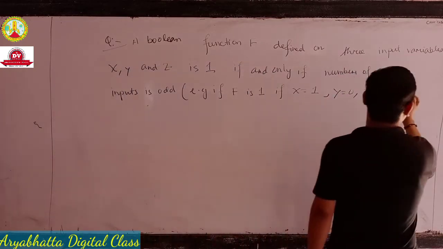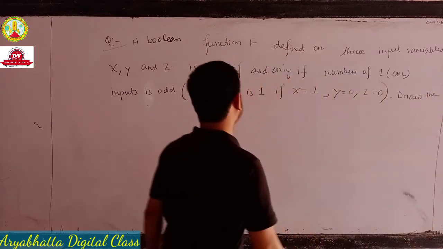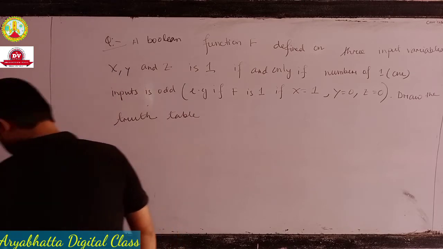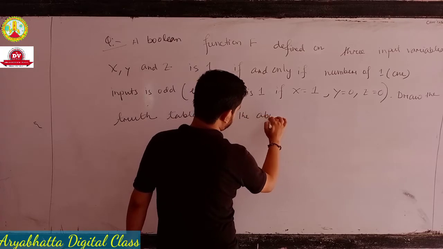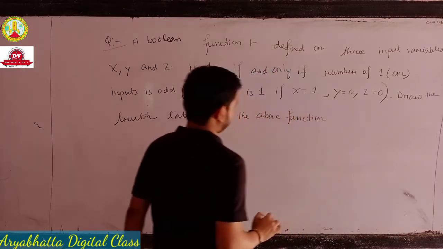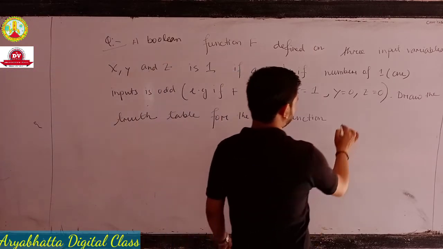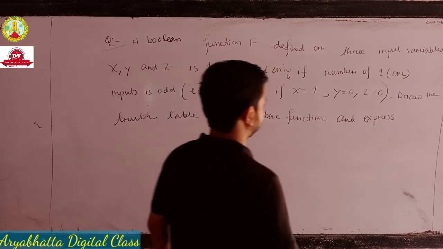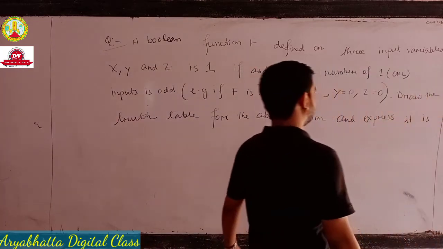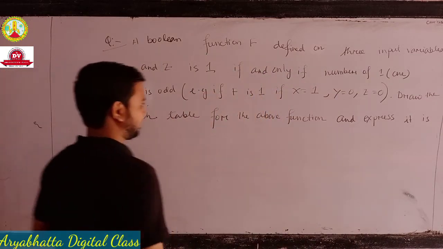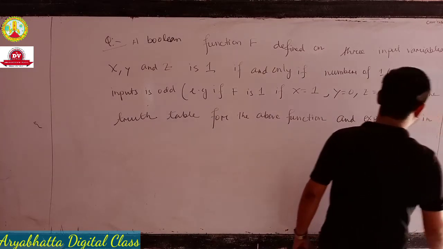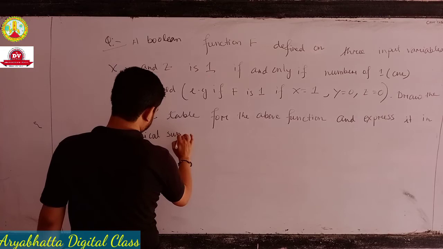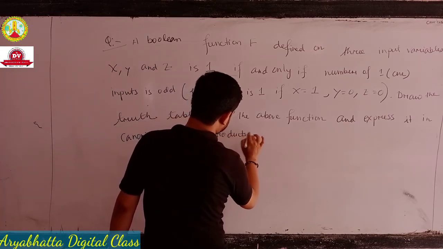And the last question is: draw the truth table for the above function and express it in canonical sum of products form.